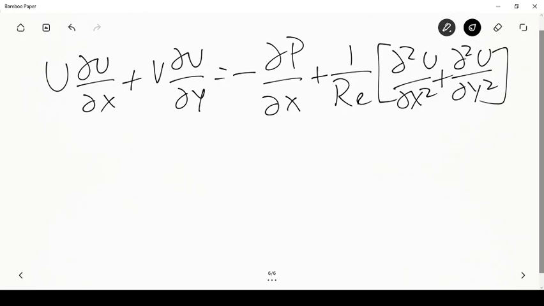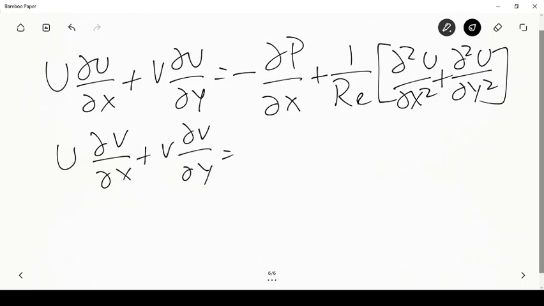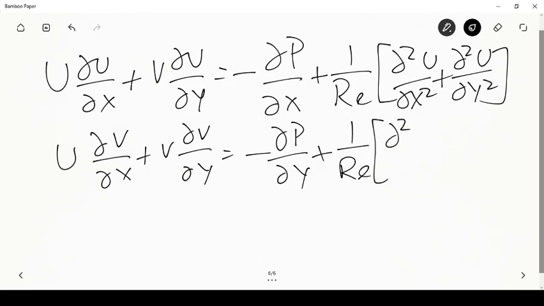If I do the same thing in the y direction, I'll get u del v by del x plus v del v by del y is equal to minus del p by del y plus 1 over Re times del squared v by del x squared plus del squared v by del y squared.